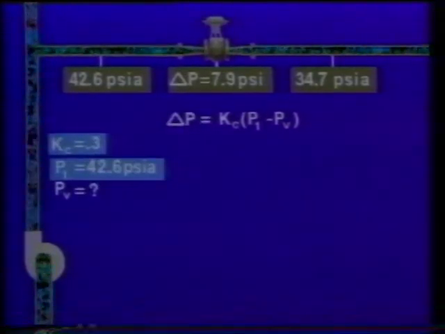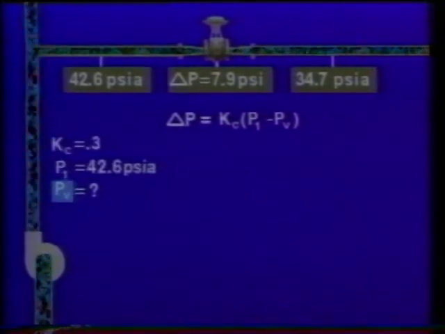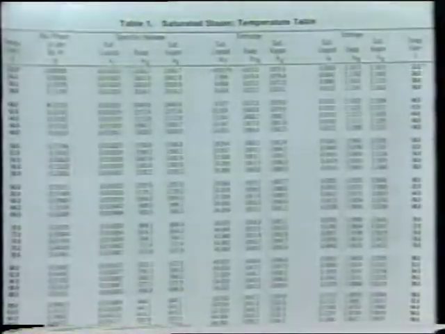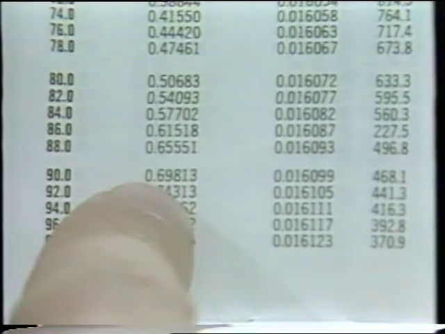We already know the values of the cavitation index and upstream pressure. Vapor pressure for water at various temperatures can be found in a set of steam tables. The temperature of interest is the highest water temperature that will occur at the valve inlet. In our case, 90 degrees. The vapor pressure for 90-degree water is approximately 0.7 psia.